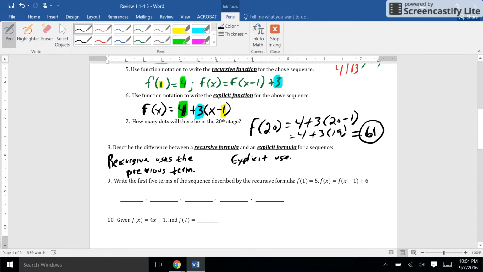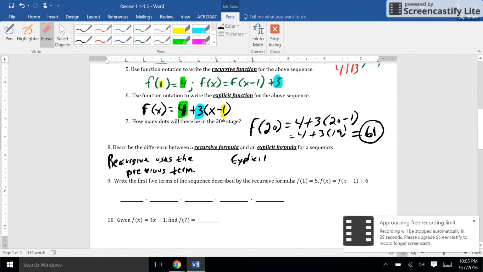Explicit, well, let's hold on. So we're going to say we use explicit when looking for any term.